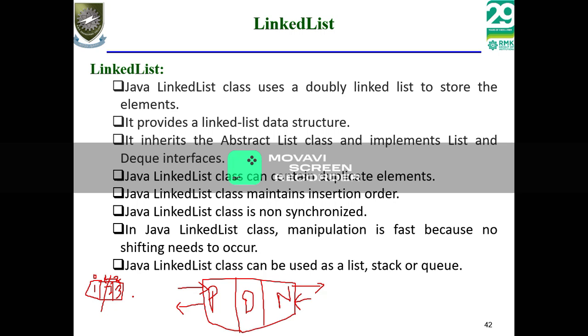Next, a very important thing about linked list is that it can act as a list, stack and queue. Why am I telling you like this? You already know that linked list is one of the lists which implements the list interface, and it can also act as a stack and queue.